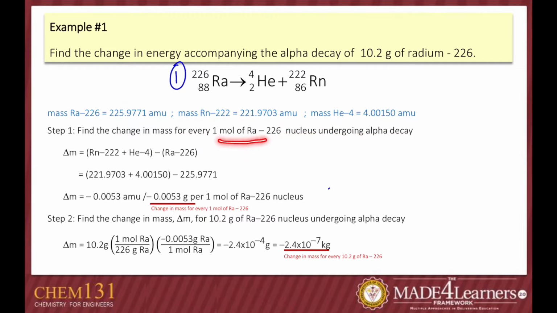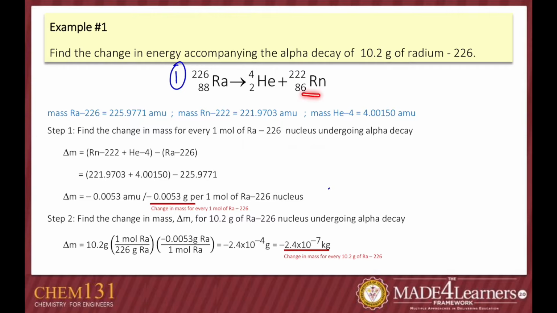The change in mass, delta m, is products minus reactants: the summation of the masses of all the products minus the summation of the masses of all the reactants.